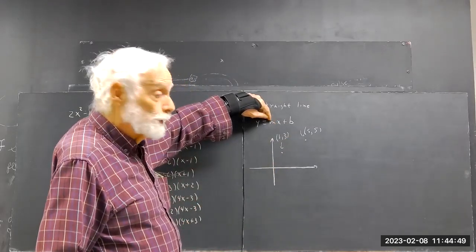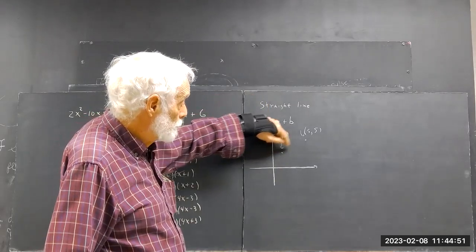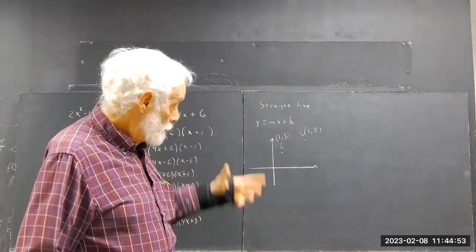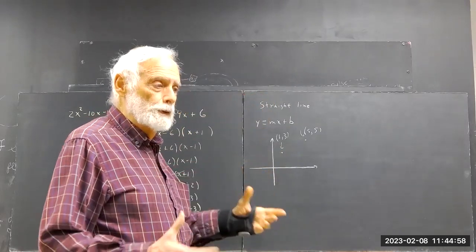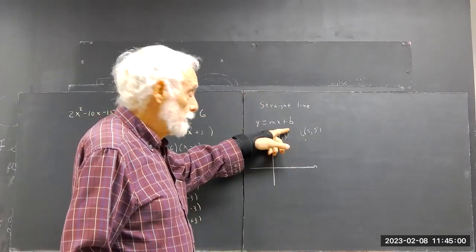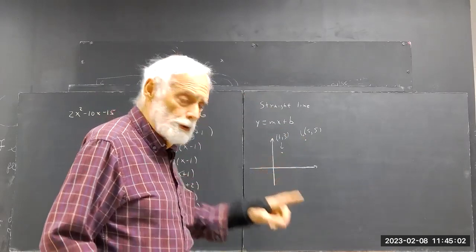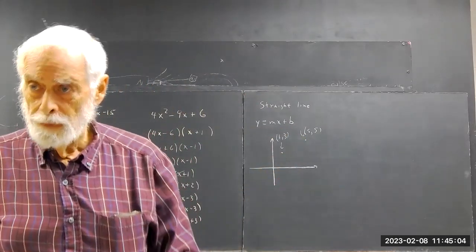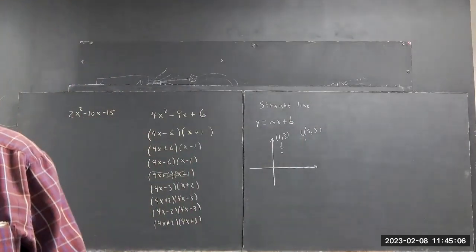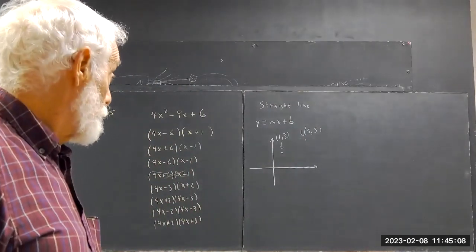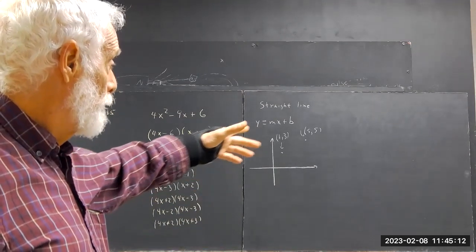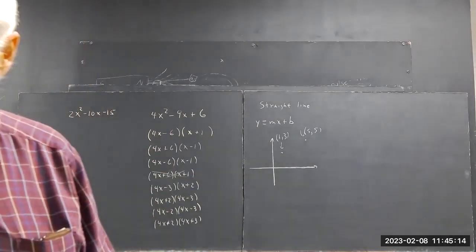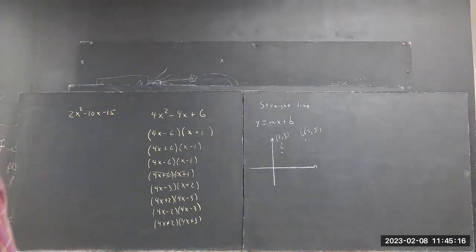And of course, m is the slope, and it's easy to find the slope between these 2 points. So now we're just going to do an estimate, and then we're going to figure out how to actually calculate it. So go ahead and do your estimate. Draw the line, estimate the y-intercept, and then while you're at it, go ahead and find the slope between those 2 points.